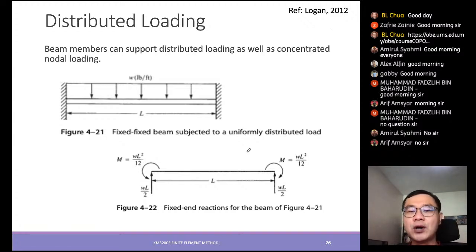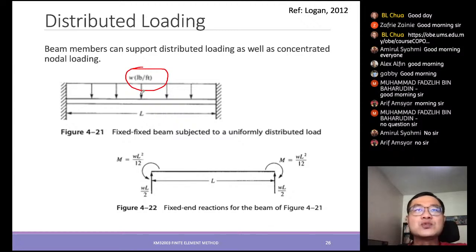This is very important, especially when you have a very long beam and the beam itself has a weight. That weight contributes to the displacement, the bending of the beam member itself. Therefore we would want to solve for the distributed load, right?